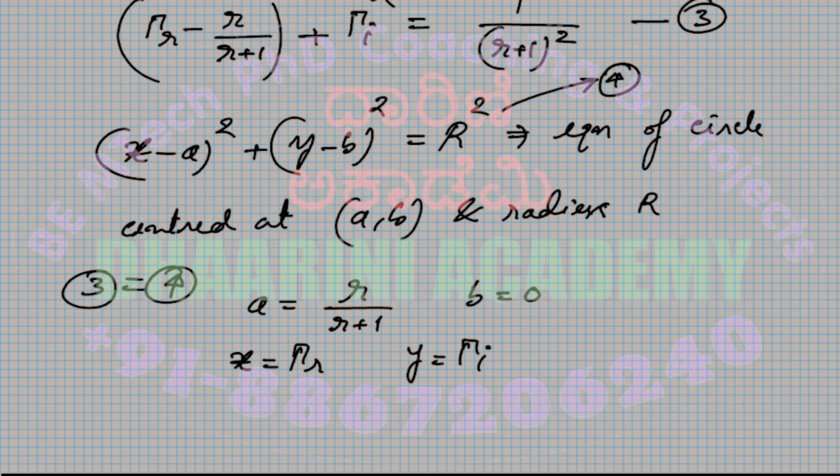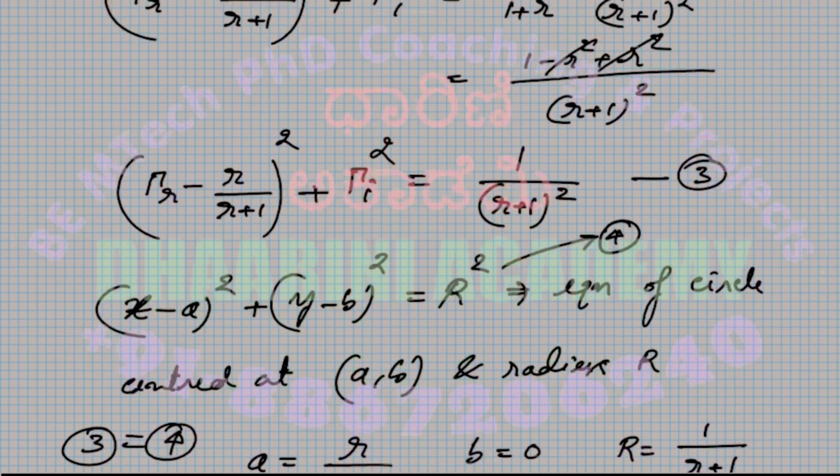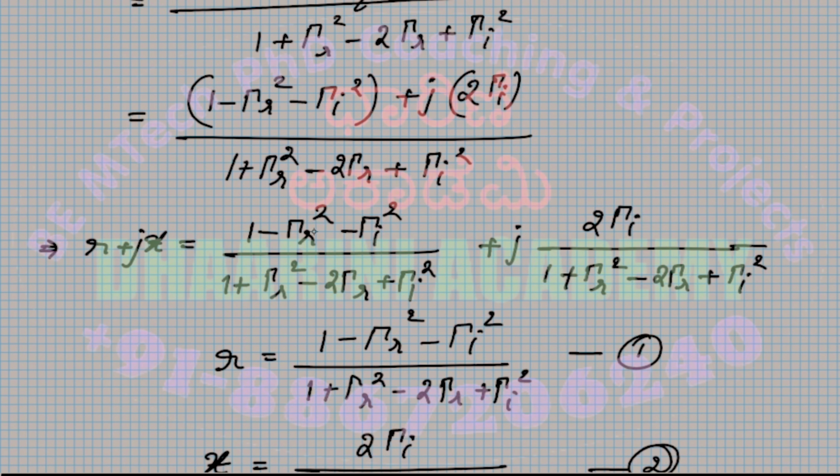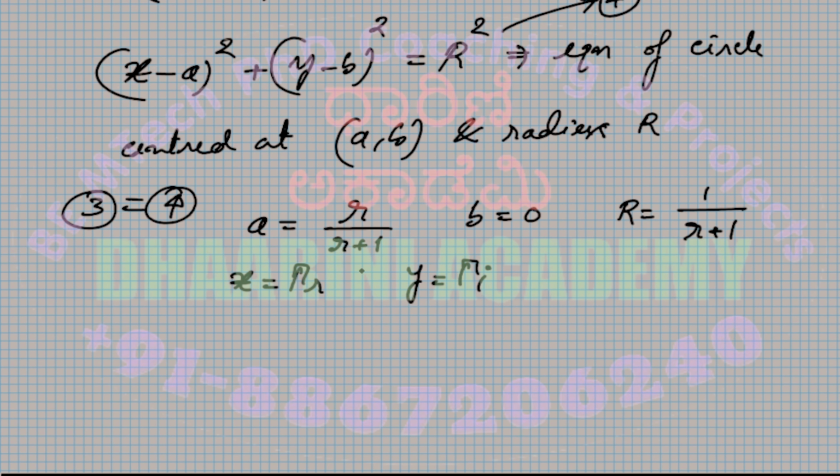Using these two, I am able to draw circles using equation number 3. So what is the radius? The radius of the circle will be 1 divided by r plus 1, where this r is my normalized resistance, because my impedance z is equal to r plus jx. So use that resistance part and you will be able to write the circles according to this.